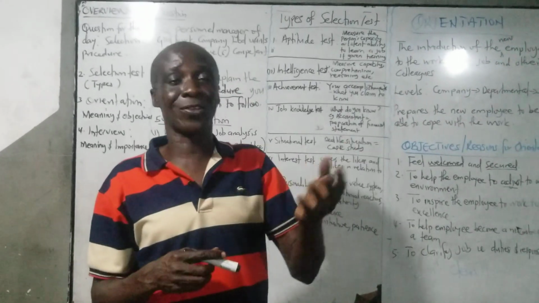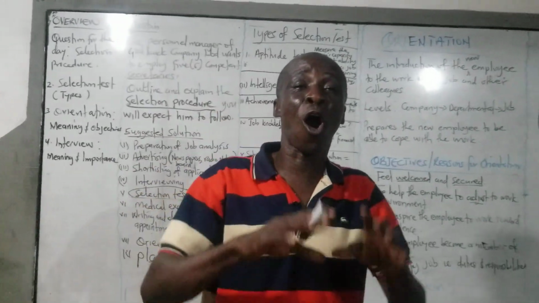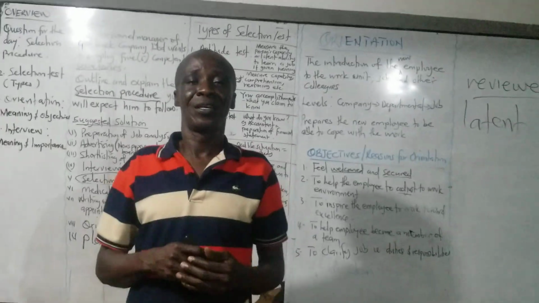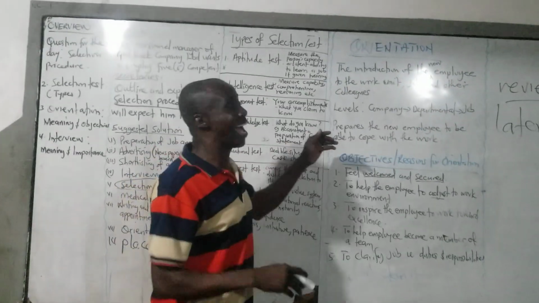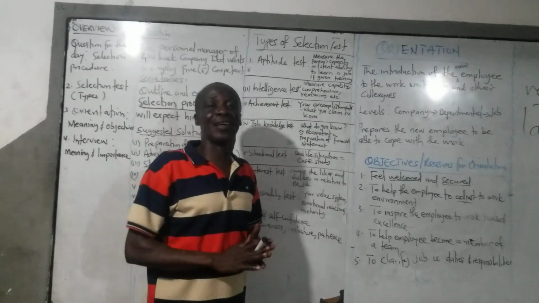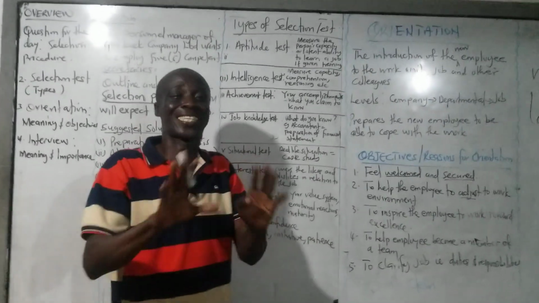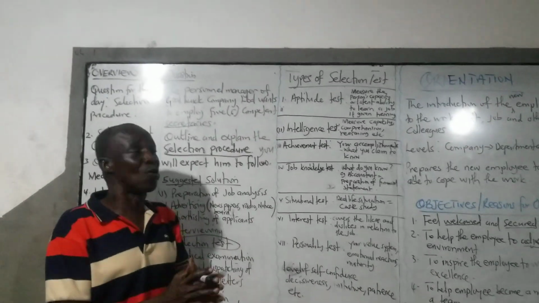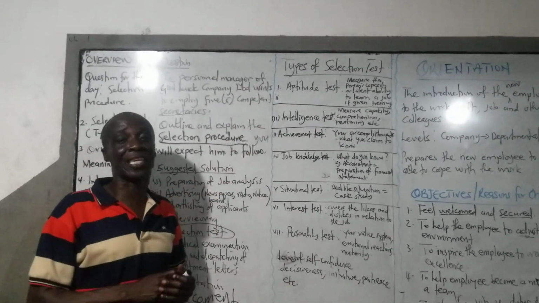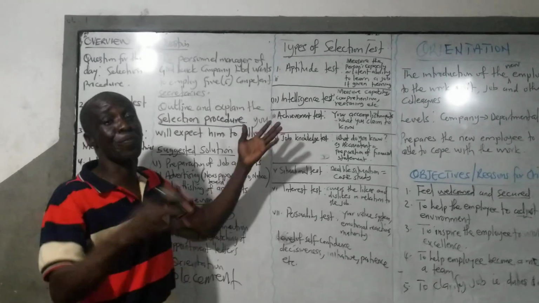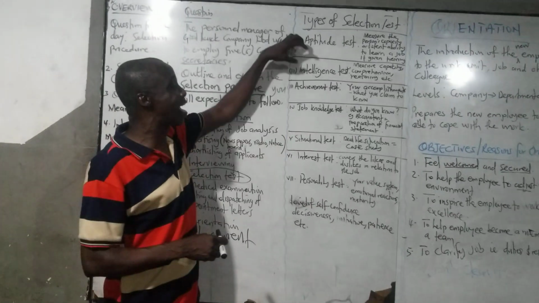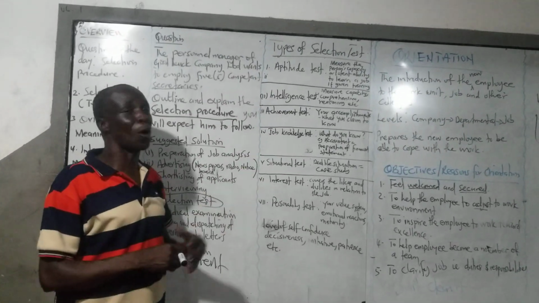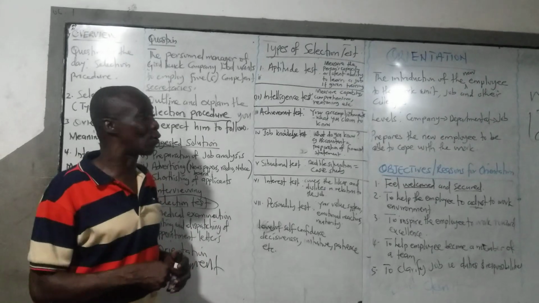We have talked about the fact that all those types of tests will be measuring something. It doesn't mean that at a sitting, all these tests will be used. It may be only aptitude tests. It depends on what the organization wants. It may be a combination of aptitude tests and others. It may be job learning tests and so on and so forth.